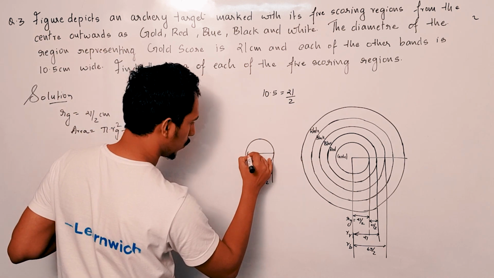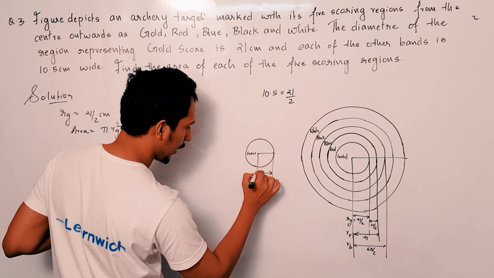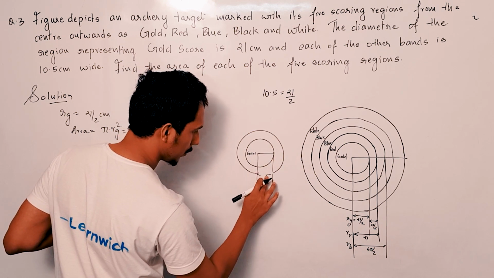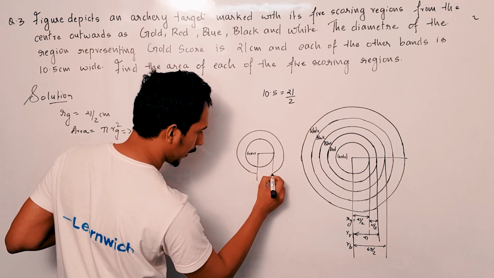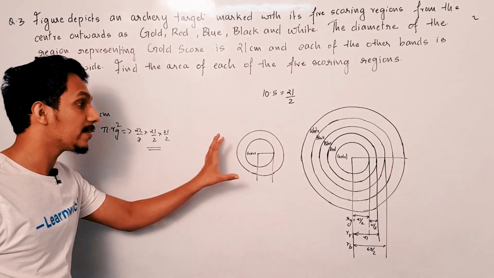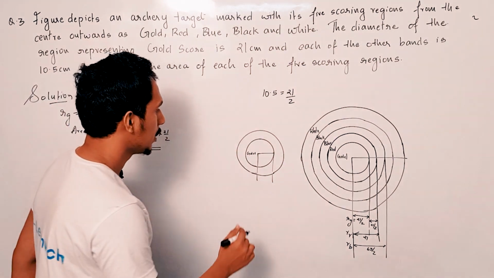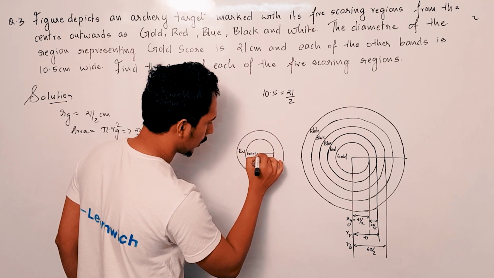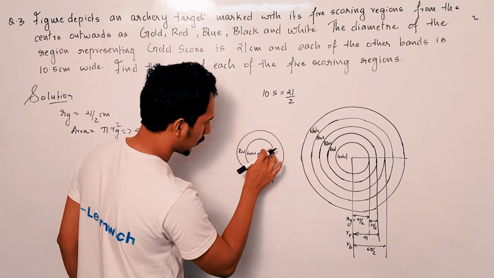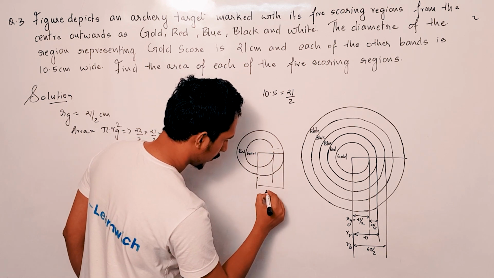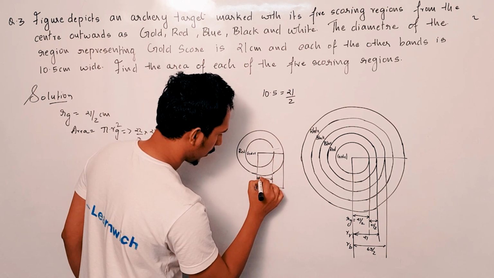Now we have to find the red region. If this is gold, the next region is red. I only have to find out the red region, not the red circle. See, this is red, and this total is the radius of red, RR, and this is RG.